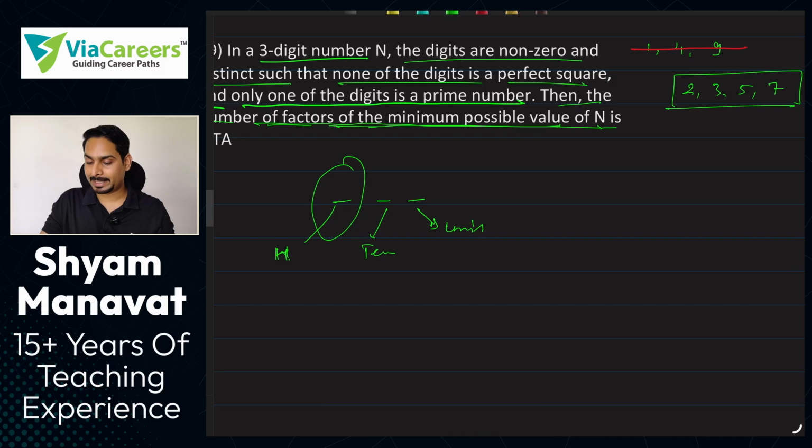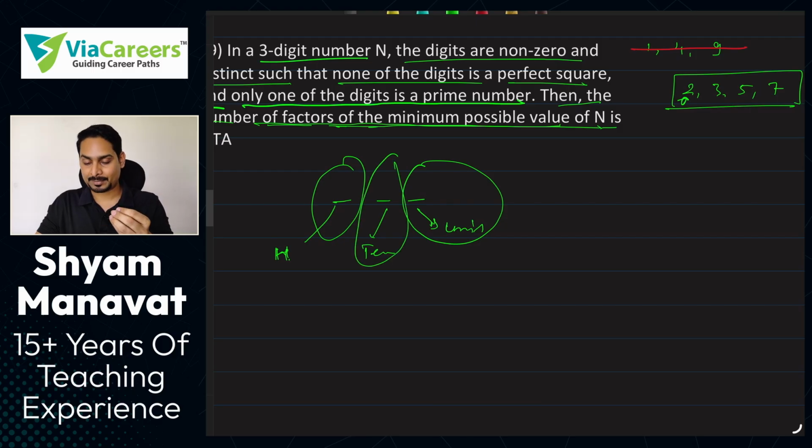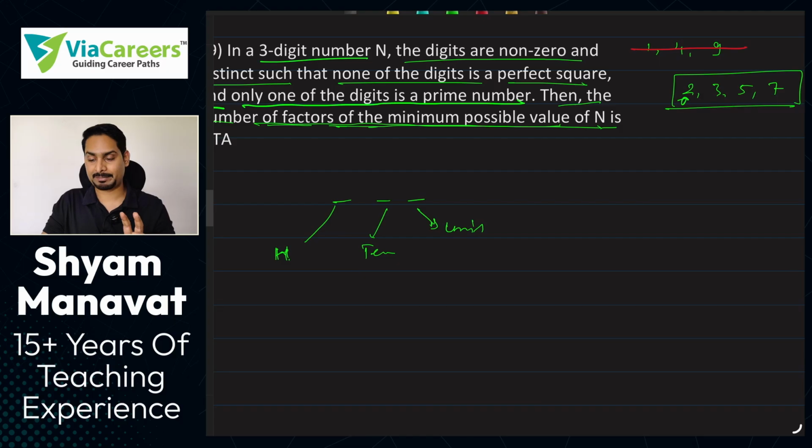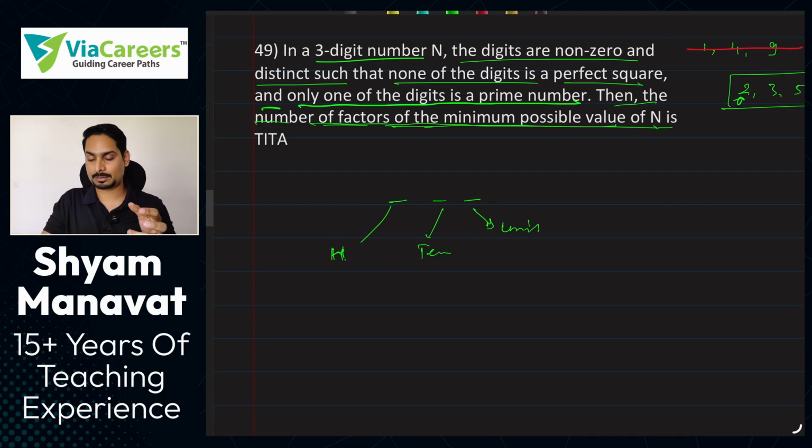Think about it. If I use this 2 at the unit place, it's only 2. If I use it at the tens place, it will be 20. If I use it at the hundreds place, it will be 200. So 200 will definitely be less than 300, 500 or 700. I hope you understood the example I am giving. So to keep the number smallest, your hundreds digit should also be smallest. Let's use 2 here.